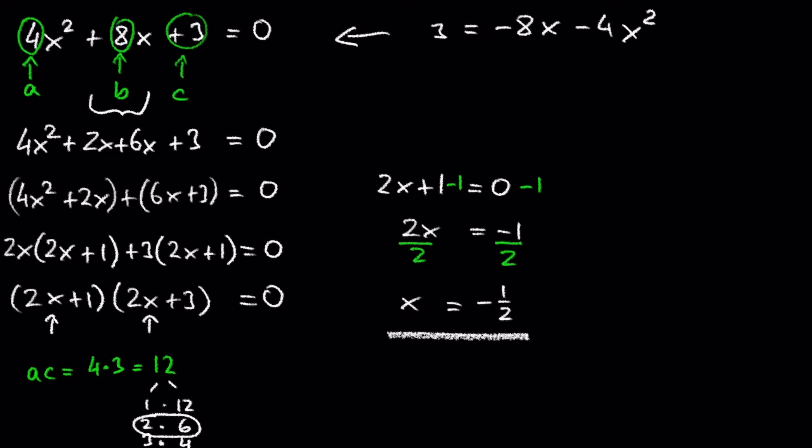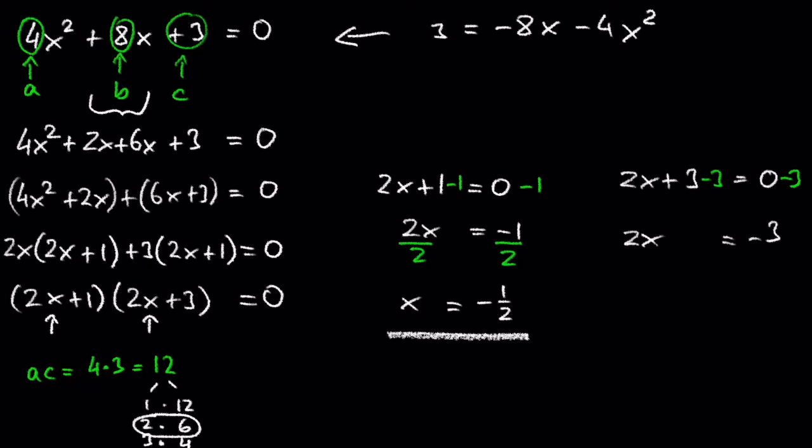What do we have to plug in for x in the second set of parentheses? 2x plus 3 equals 0. After subtracting 3 on both sides, we get 2x equals negative 3.